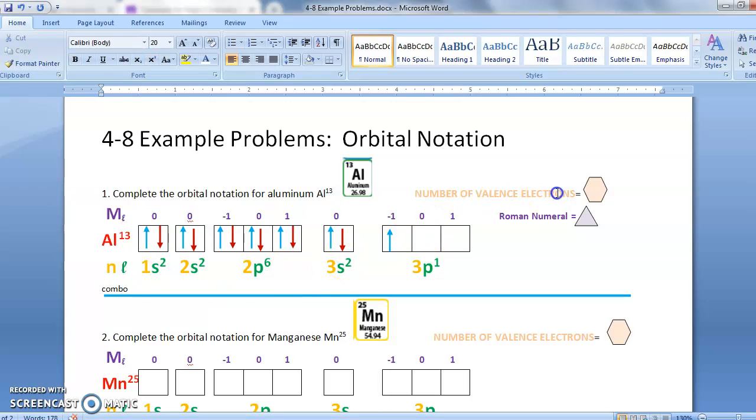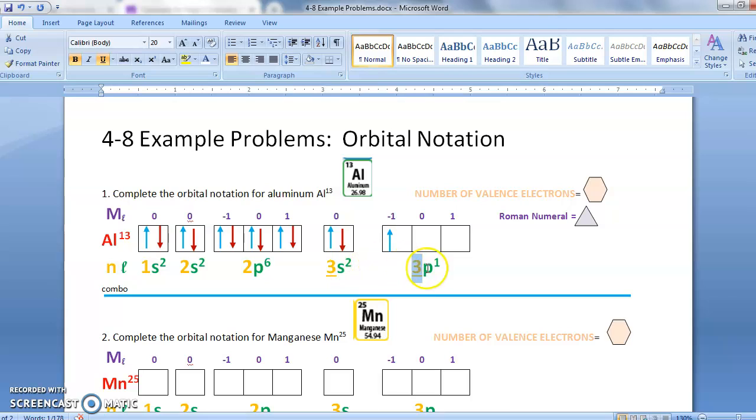It's asking me for valence electrons in this box right here. Valence electrons are electrons in the outermost energy level. So I go through and I'm looking for my energy level number. That's the n. That's the first number that we see right here. My biggest number is a 3, but I also have a 3 here. So if my biggest number is a 3, I find where all the 3's are.